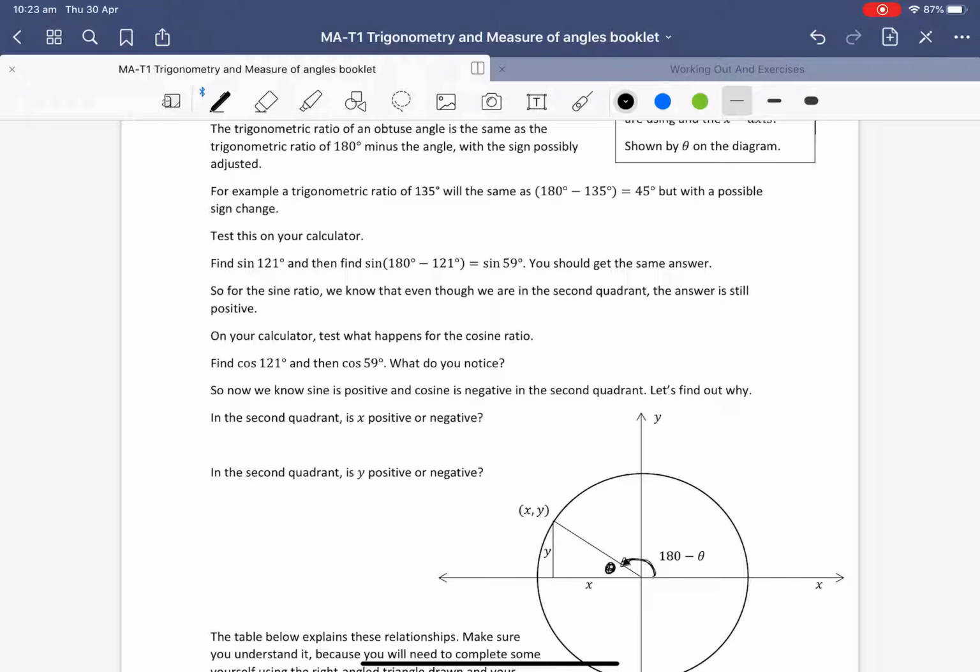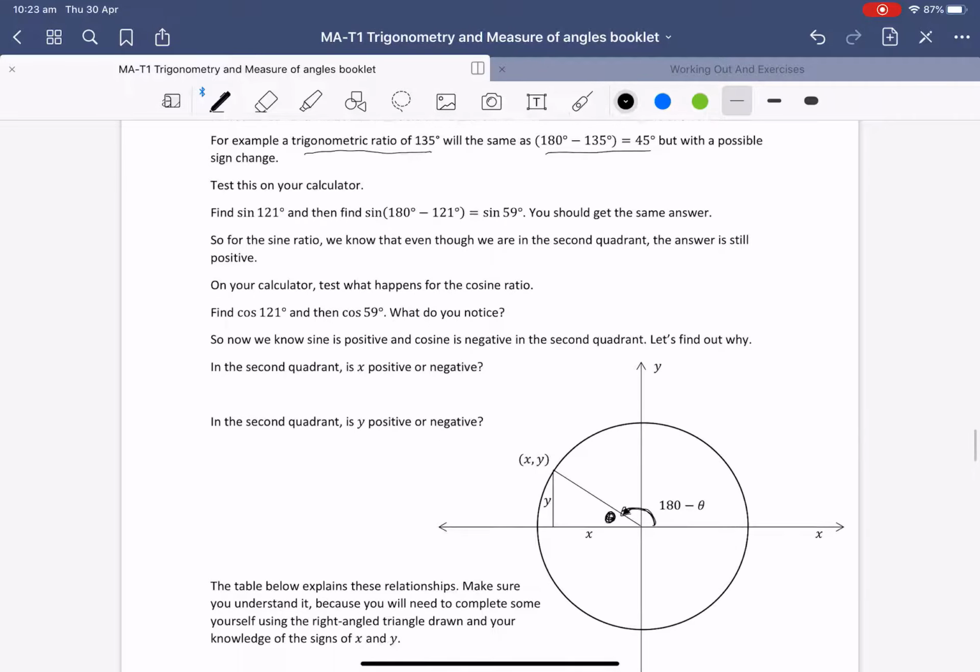So, you should know this from year 10. You did these exact same pages in the year 10 booklet. So, the trigonometric ratio of 135 is the same as 180 minus 135 equals 45, but with a possible sign change. So, we'll talk about what that means in a second.